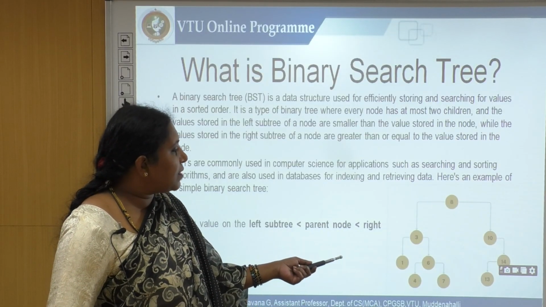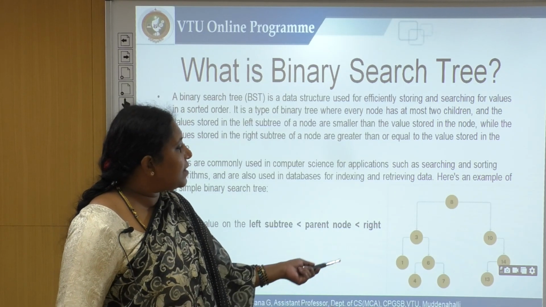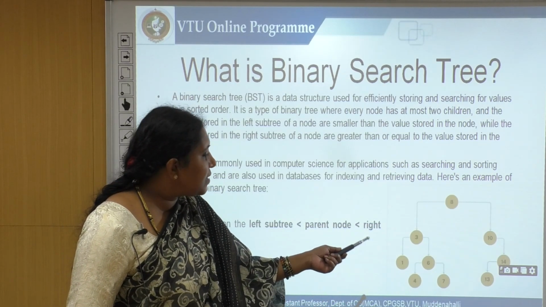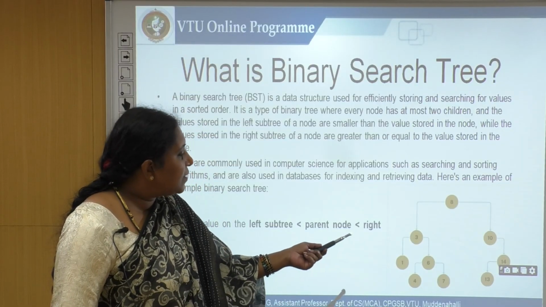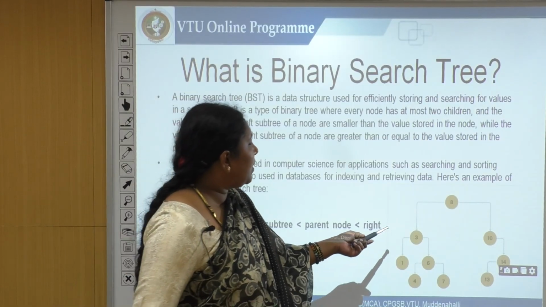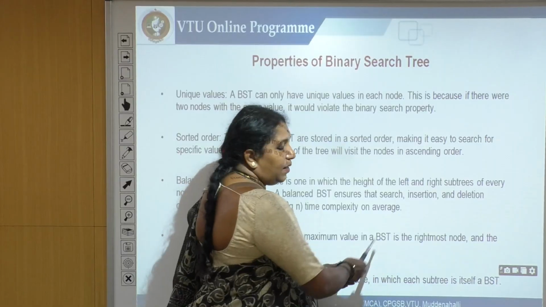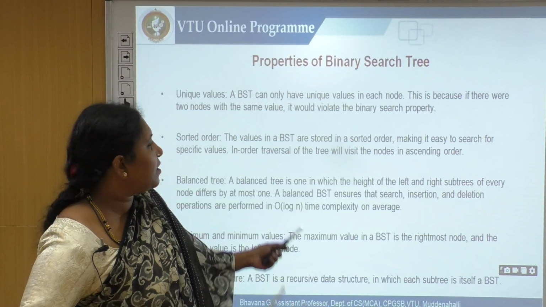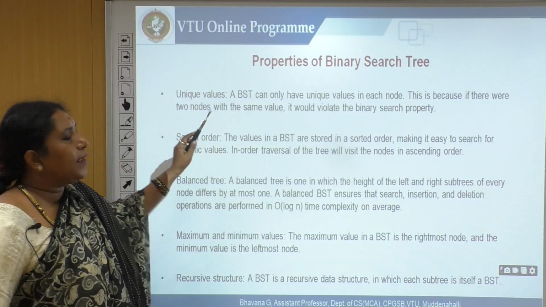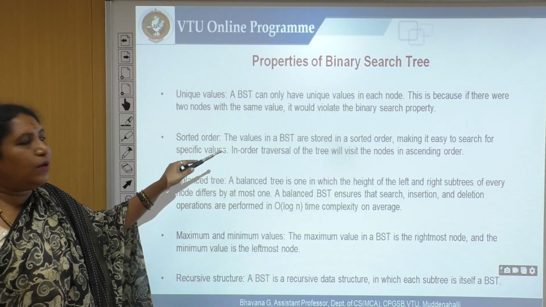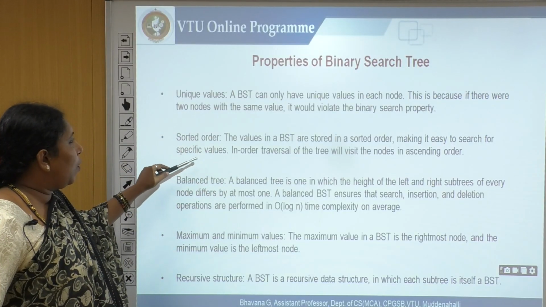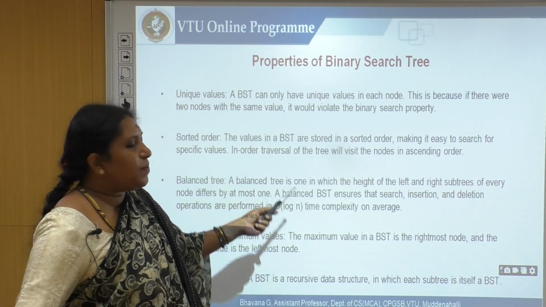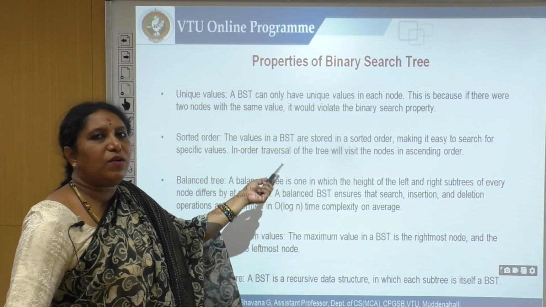See, 1 is less than 3, 3 is less than 6, 4 is less than 6, 6 is less than 7, 7 is less than 8, and 8 is less than 10. So it is sorted. Okay, this is one more property. First, each and every node will have a unique value, and all the values are sorted, which makes it easy to search. Just because it is sorted, it is easy to search for elements.